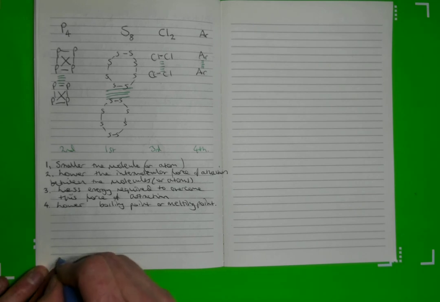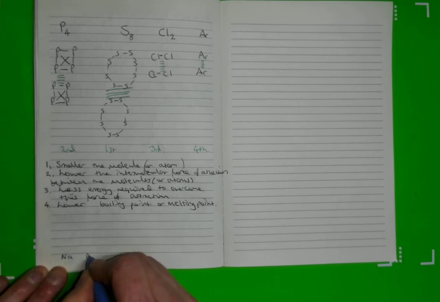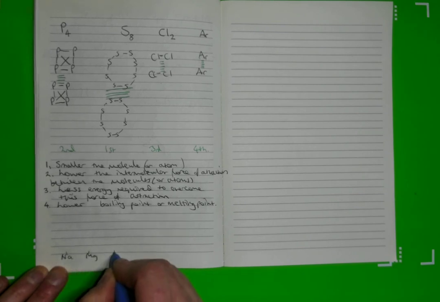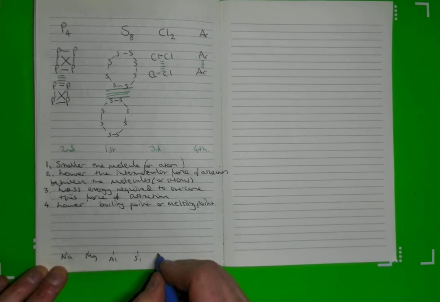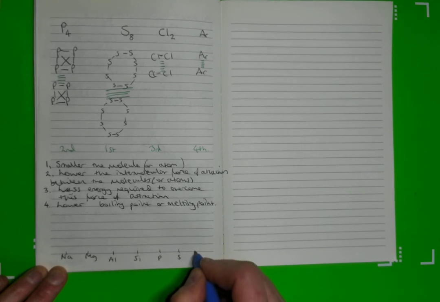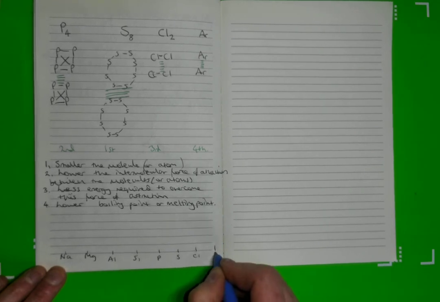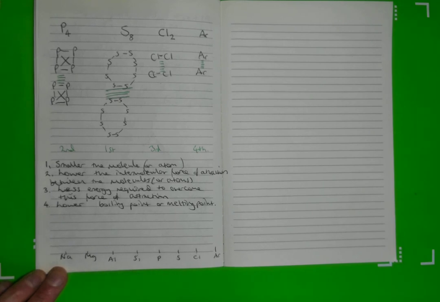So we've got sodium, magnesium, aluminium, silicon, phosphorus, sulfur, chlorine and argon on the side there, like that.